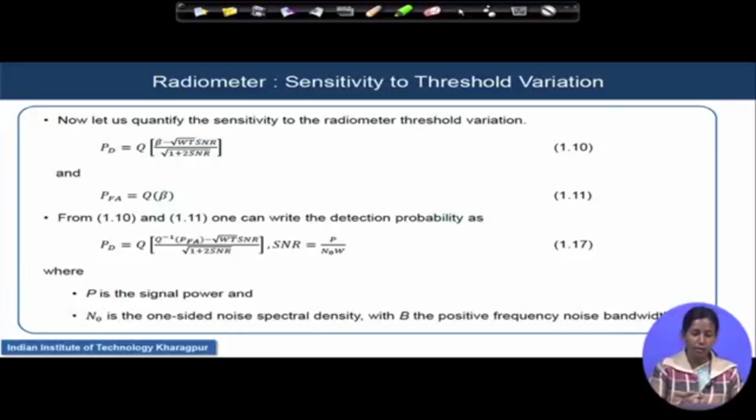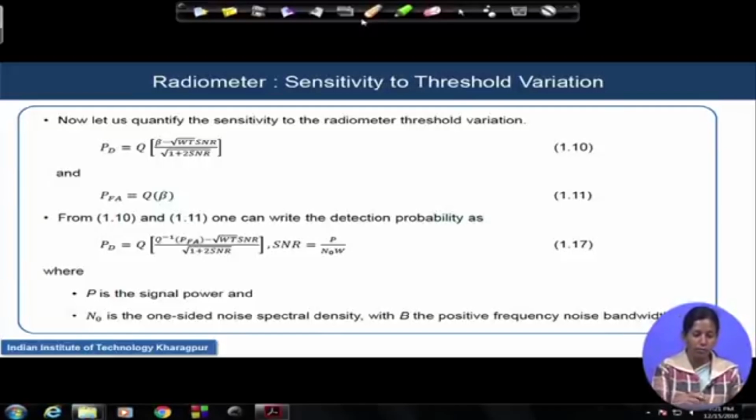We have already seen these two equations that we derived for the detection probability and the false alarm probability with a Gaussian assumption. If I combine these two, the detection probability can also be expressed in terms of the false alarm probability, where I have just replaced the value of beta from equation 1.11 in 1.10.